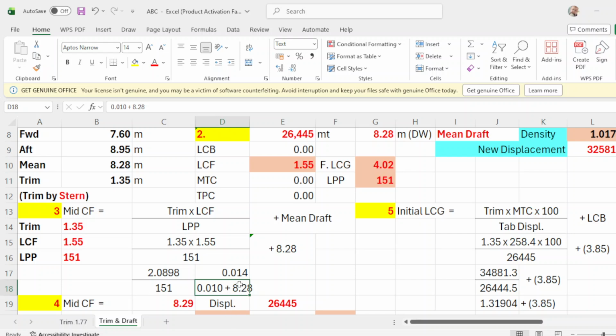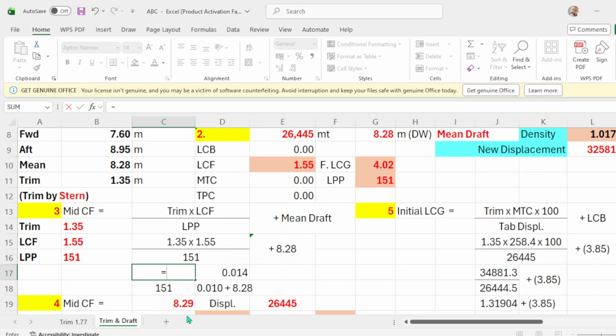Then the next with this figure, we do this one to make it clear. 1.35 times LCF equals, then this value divided with your LPP, that will be here.